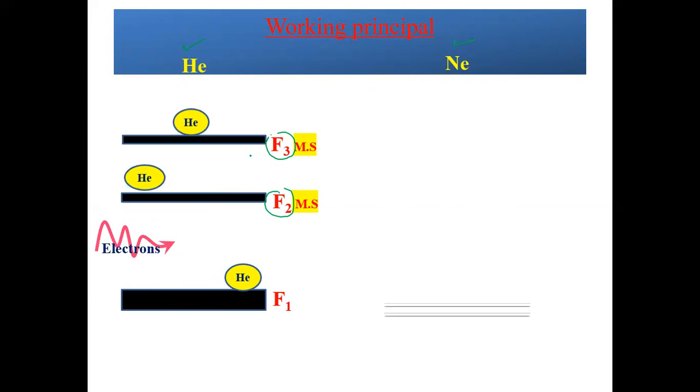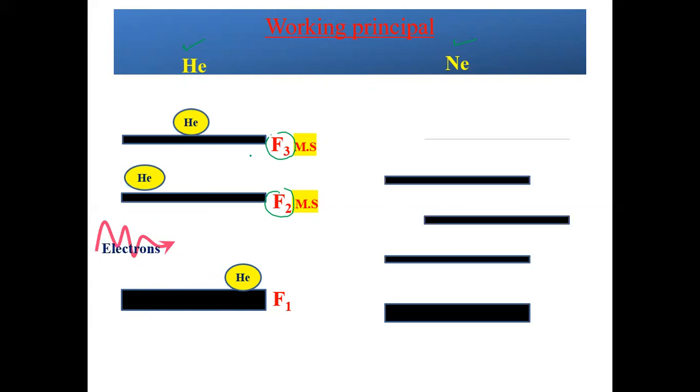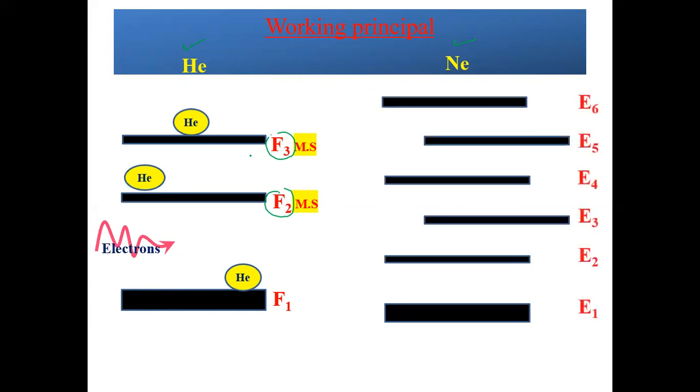After that, we considered neon energy levels E1, E2, E3, E4, E5 and E6. Initially, neon atoms are at ground state E1.